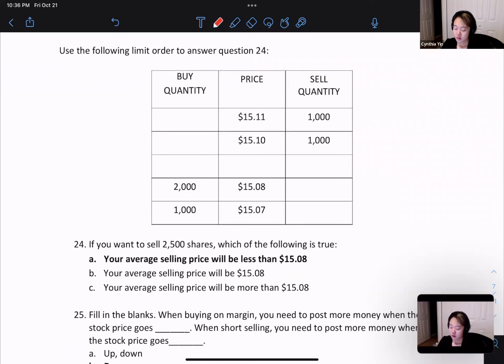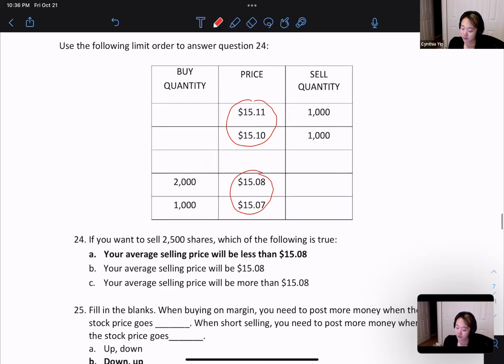Question 24. It's about the limit order book. Remember, if you want to buy, these are the prices you look at as the investor. If you want to sell, these are the prices. Again, the ask price is the price that you as the investor want to buy and the dealer wants to sell. On the other hand, the bid price is the price that you want to sell and the dealer is willing to buy.